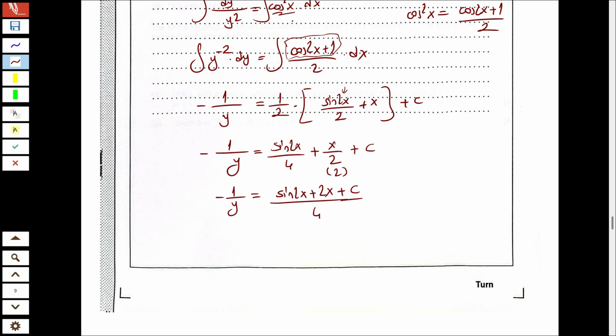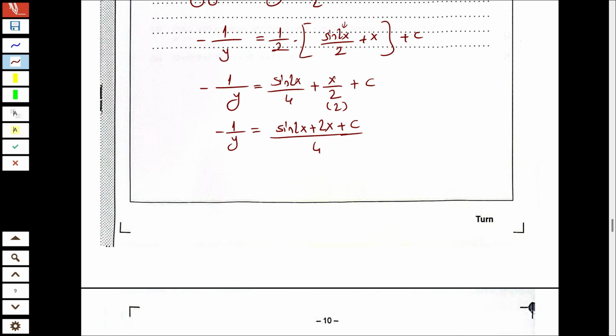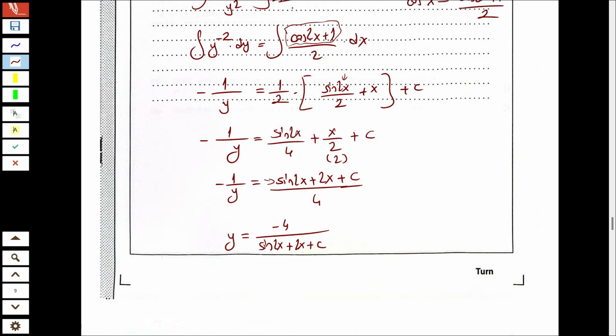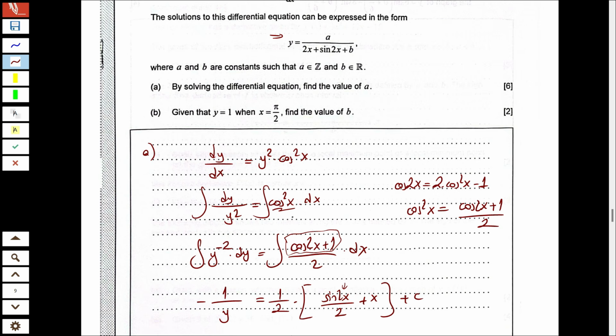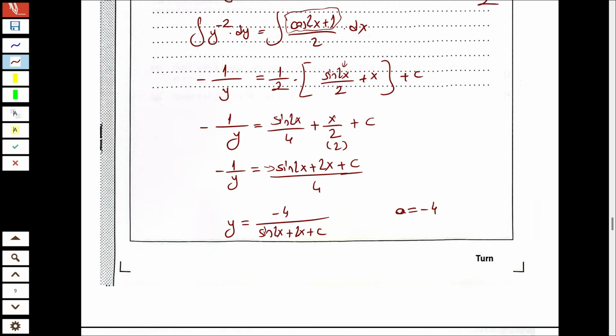And from here, when you cross multiply or write y directly, you will see that y equals minus 4 divided by this numerator, sine 2x plus 2x plus c, right? In this case, the value of a is minus 4. Okay.